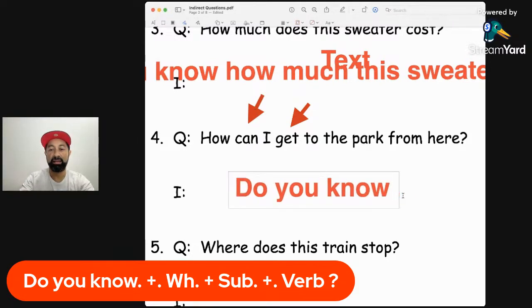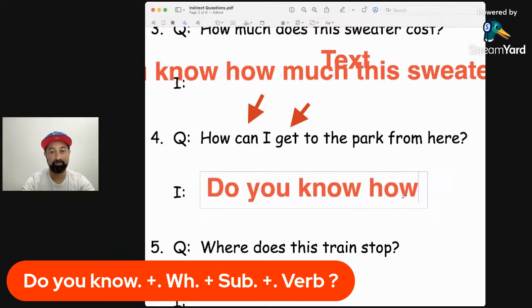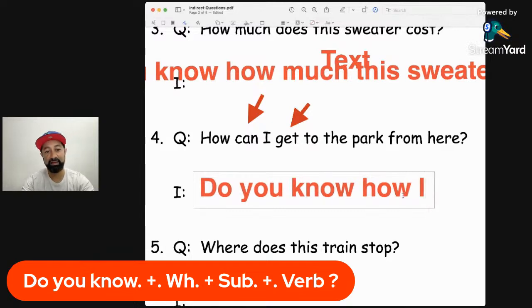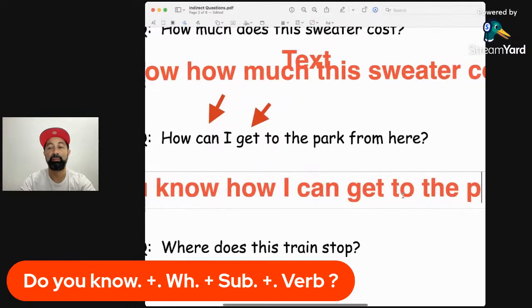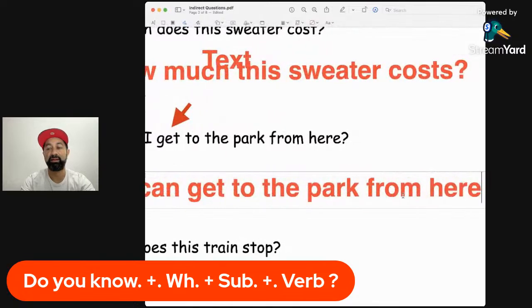So my answer would be, do you know? I need my question word, how. I need my subject, I. Now let's use both verbs in the same order. So it's can get, can get. So do you know how I can get to the park from here?